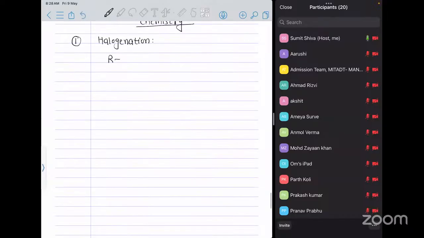In this reaction, we have RH, that is alkane, and it will be treated with halogen X2 in the presence of sunlight or ultraviolet radiation.